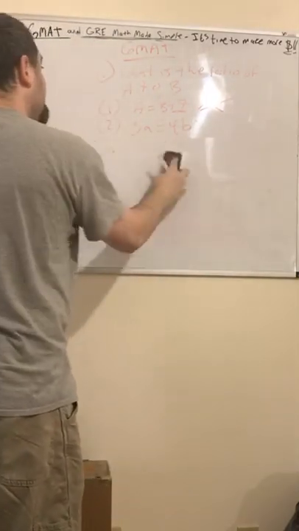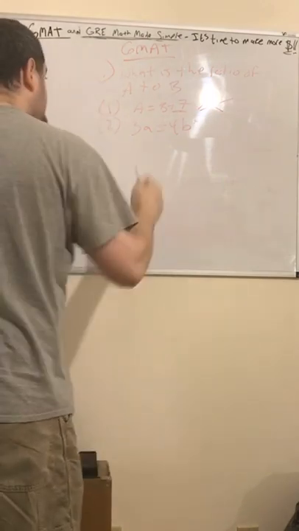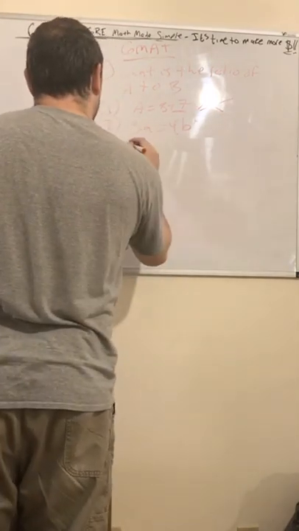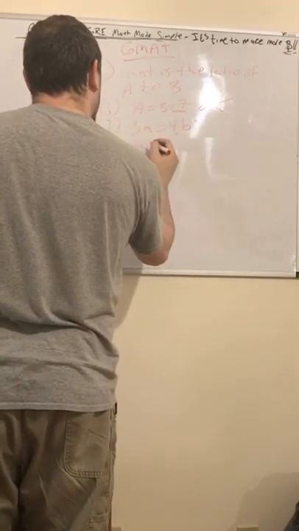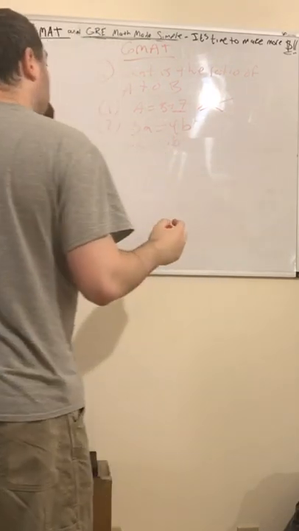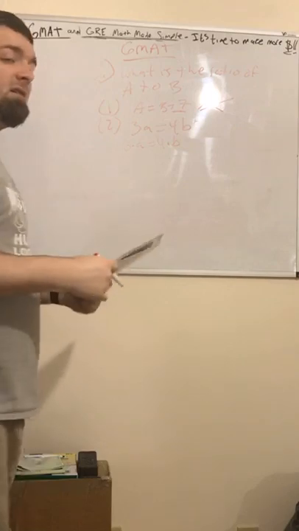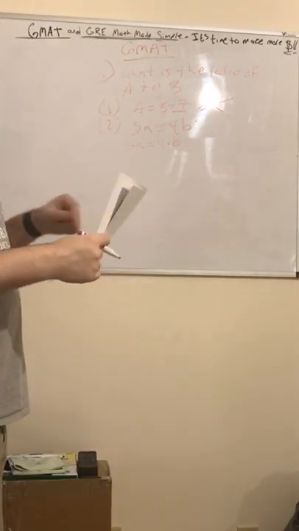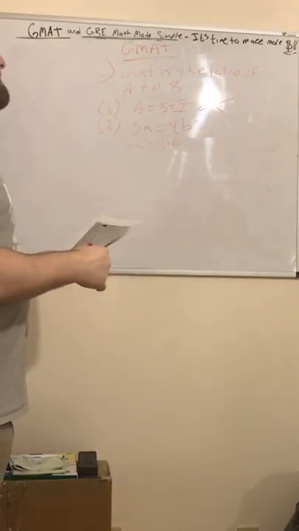Because right now it's not even in the form of a ratio. But in this case, we can see that 3 times A equals 4 times B. Now, remember before when we had the cross multiplication? Here's a way we can do it as well.